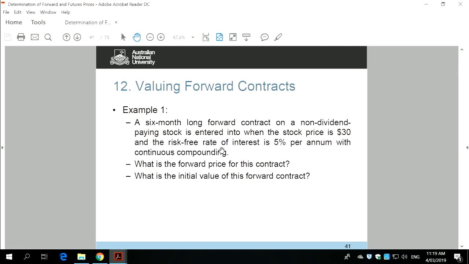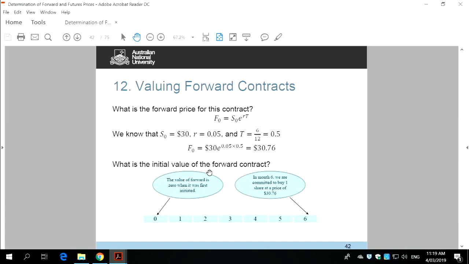Then the question asks two questions. The first one is, what is the forward price for this contract? And the second question is, what is the initial value of this forward contract? Well, we know how to price this forward, right? That's what we have been doing all along. The forward price is simply equal to the spot price multiplied by e to the rT. We know what the spot price is. The spot price is $30.